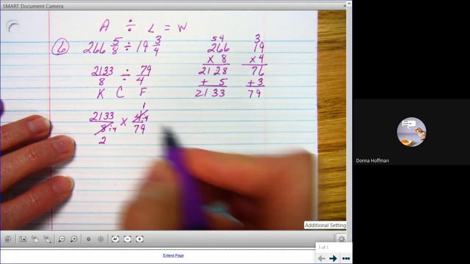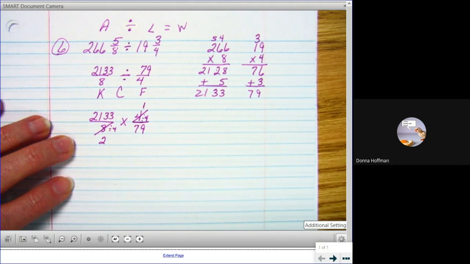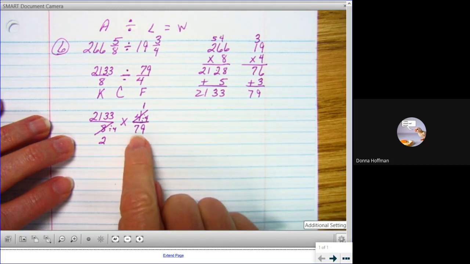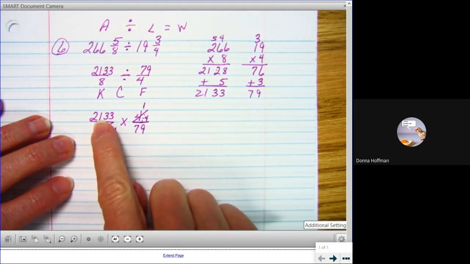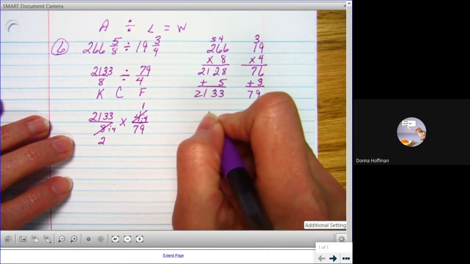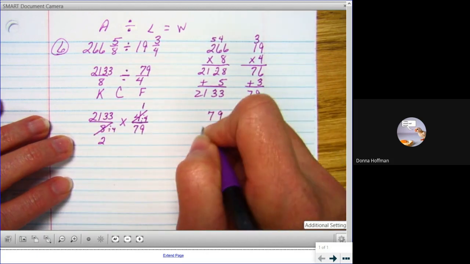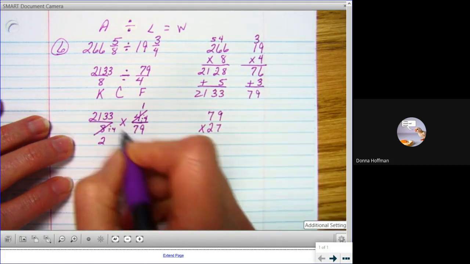Now, when I look at this 9 and 3 here, something tells me that I'm going to be close. If I take the 3 times the 7, I'm going to get 21. I just have a feeling about this. But I think if I do 30, it's going to be less than that. Let's try 27. 79 times 27, because I know that this is going to cross reduce.